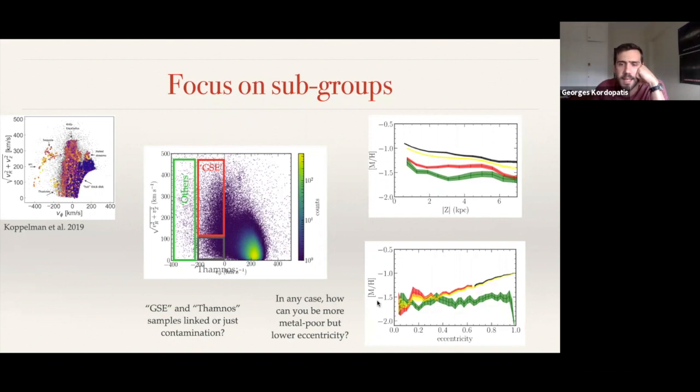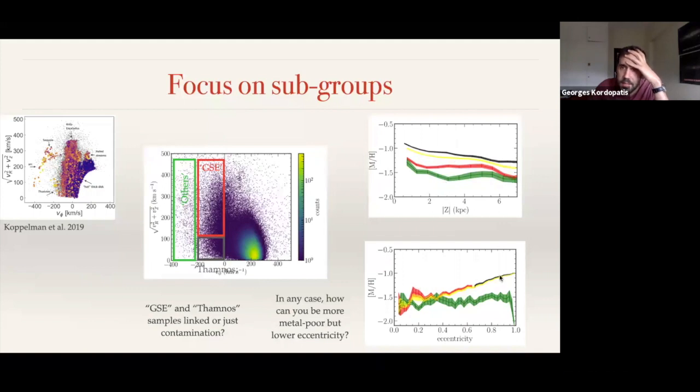What I have investigated is how the metallicity changes as a function of the eccentricity for those stars. What intrigued me is that this sample and this sample have the same V-phi distribution, but completely different kinematics and metallicities.